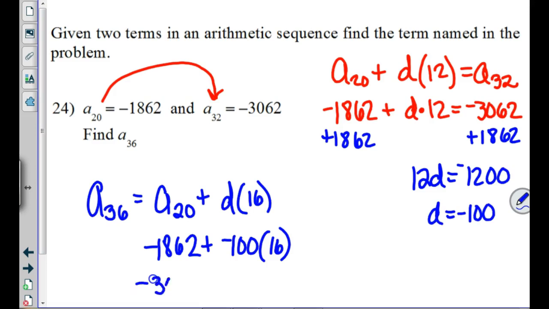Negative 3462. Someone fix me. No? What'd I do? It should be 4 more terms after this, right, guys? So 400 more below that, because we're subtracting 100.